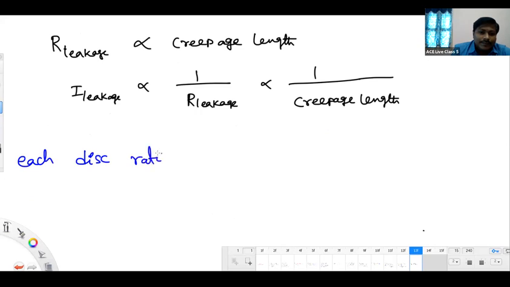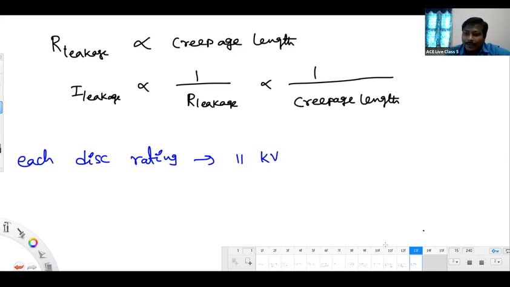That does not mean that if the voltage across a disc is more than 11 kV, the disc is going to be damaged. It's a rating of the disc. It might withstand a voltage higher than 11 kV also. Maybe it may withstand up to 18 kilovolts sometimes.